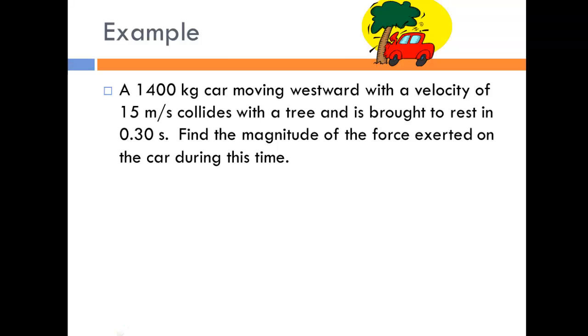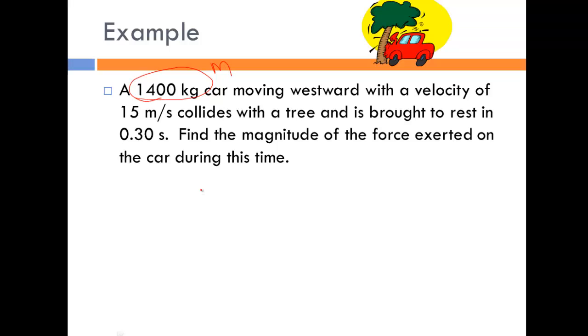We've got a 1,400 kilogram car that's moving to the west, and its initial velocity is 15 meters per second. It unfortunately hits a tree and is brought to rest in 3/10 of a second. What's the magnitude of the force exerted on the car during this time? Well, let's see. What do we know here?